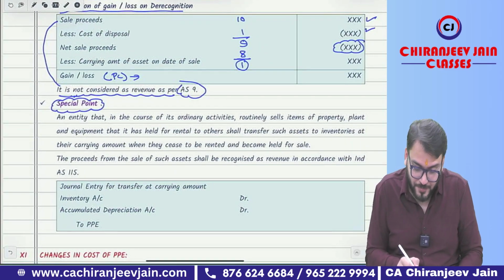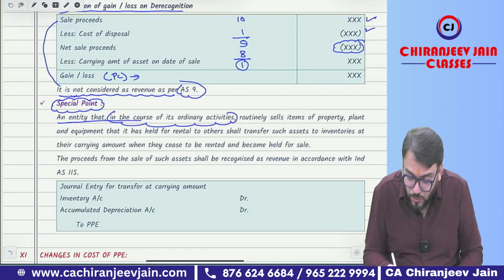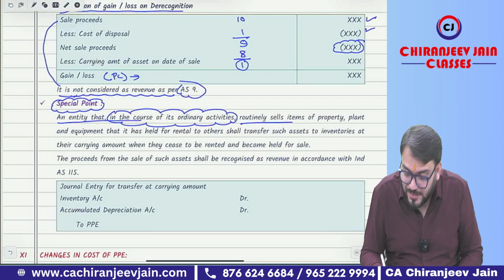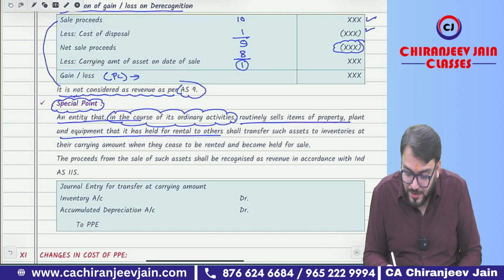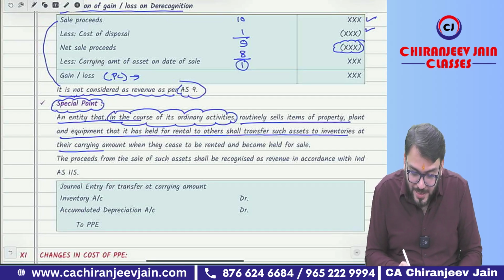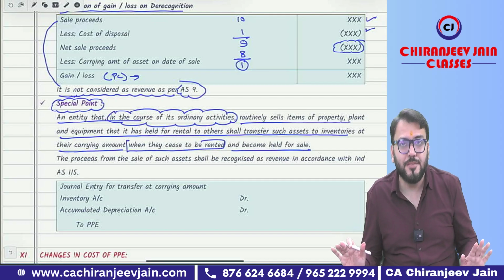What is given now? An entity that, in the course of its ordinary activities, routinely sells items of PP that it has held for rental to others shall transfer such assets to inventory at their carrying amount when they cease to be rented and become held for sale. I think the first para is very clear.